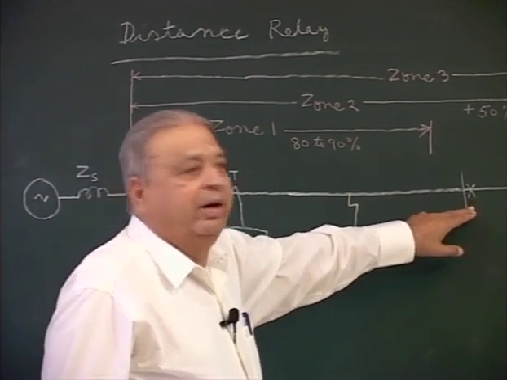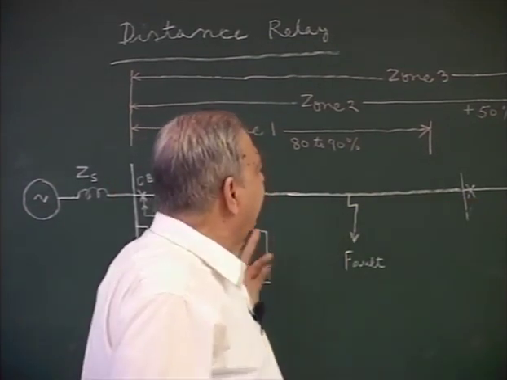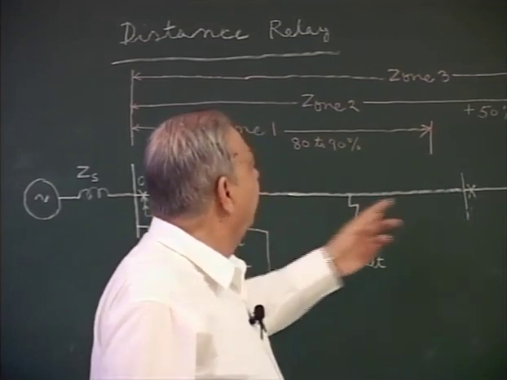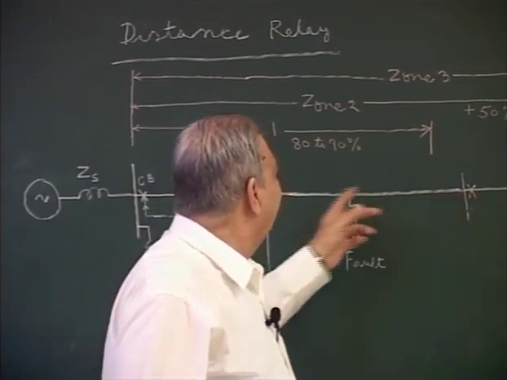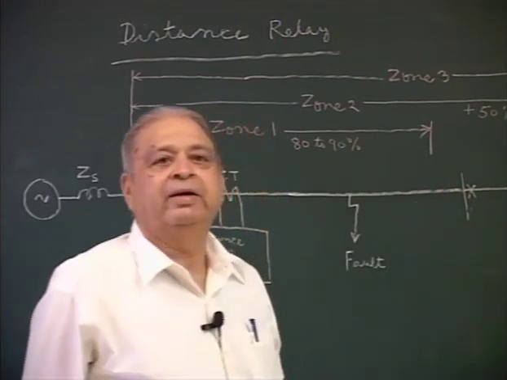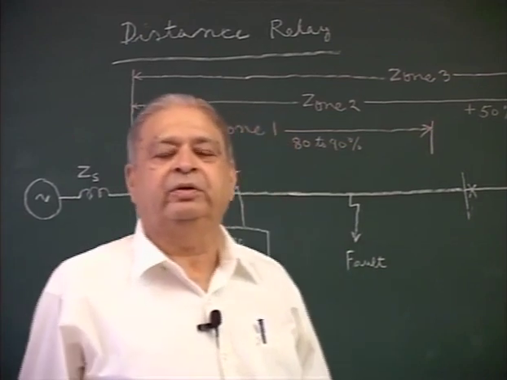If this relay does not protect, then a backup will operate of this relay, which will trip here itself if the fault is anywhere from a starting point up to 50% of the second line. So this is a backup protection.